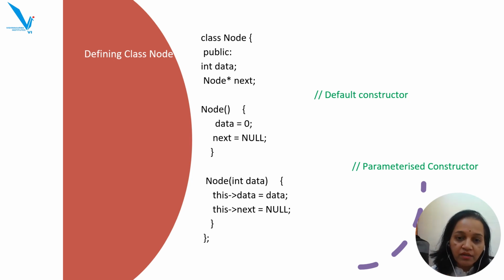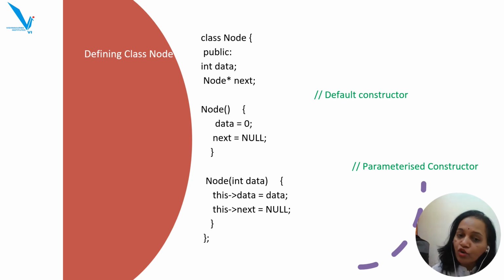Similarly, you can create the node with the help of a parameterized constructor also, constructor overloading. So I will declare one more constructor called a parameterized constructor over here. There I will pass the data. Data I can take from the user and pass. So node, it will take only one parameter, that is integer data, and this data is equal to data, and this of next is equal to null. The current object, what is this pointer?